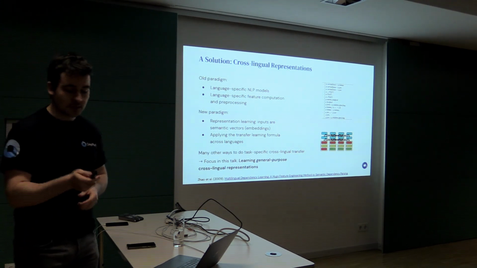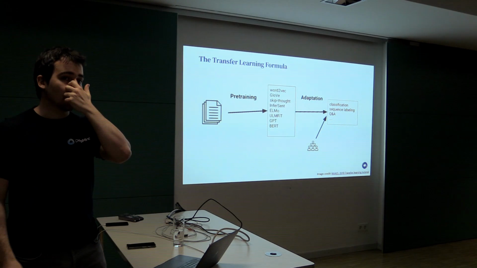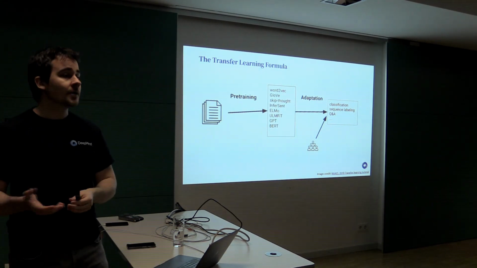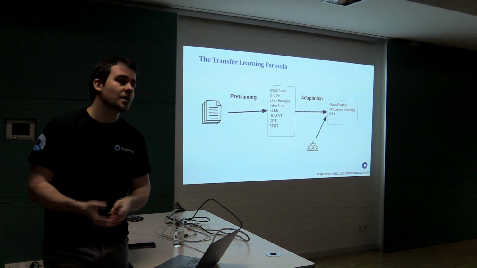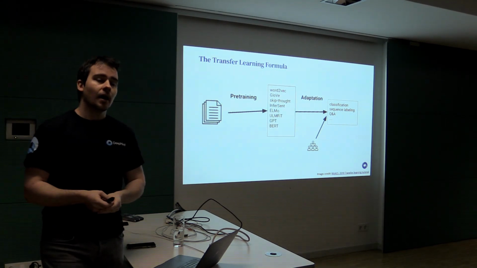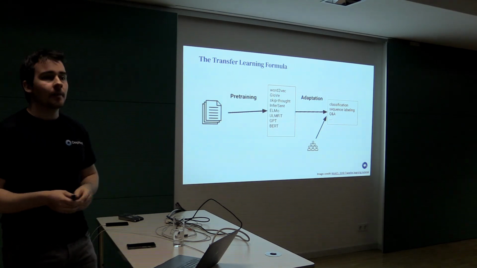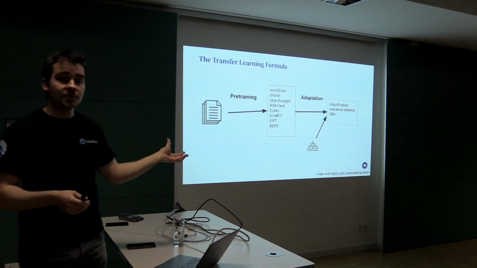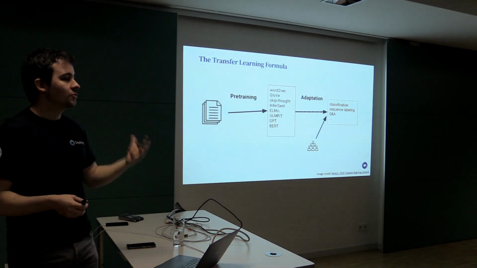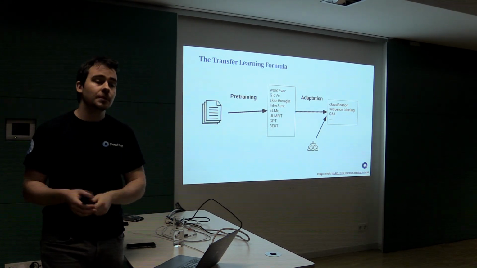And now the transfer formula that I just touched upon, and that has been successfully applied to achieve state-of-the-art performance across a wide range of different NLP tasks, really just consists of two steps. Given a large amount of unlabeled data in your language, you would use your pre-training method of choice. Before deep representations, people used word2vec and GloVe, and more recently models such as ELMo and BERT have been more common.